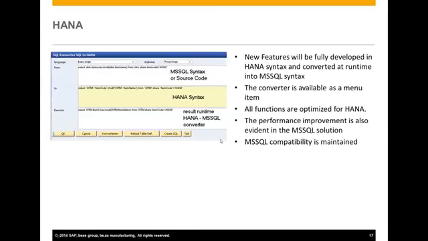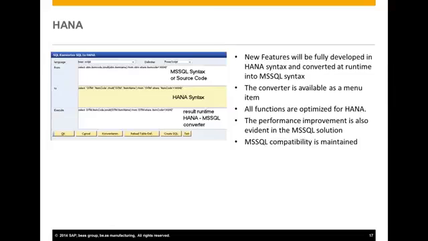Looking at HANA, with the new application, we also use the HANA syntax. To simplify that, in beas, we have built in a converter that converts the MS-SQL code to HANA. At runtime, this will then be reconverted back to MS-SQL.